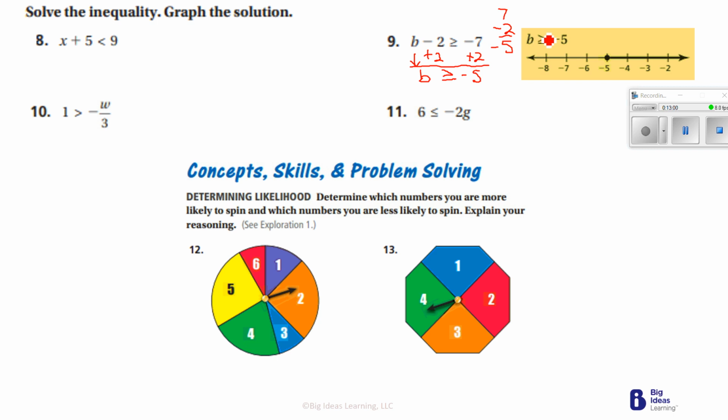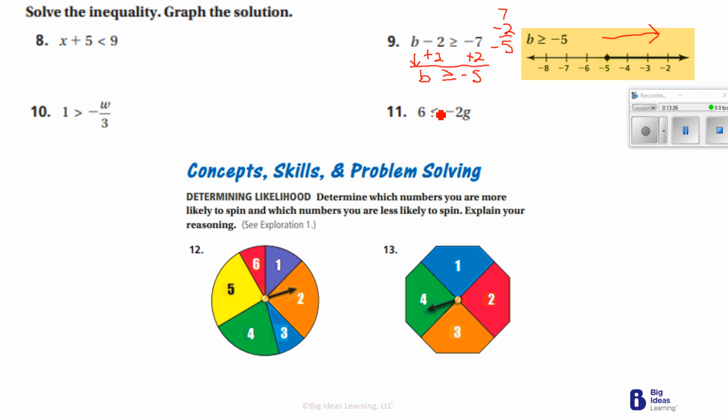That's how we have b is greater than or equal to -5. Now I have to remember, since b can be equal to it, I'm going to shade in my dot there. And then all the numbers that are bigger than -5, that means all the numbers to the right of my number line, right? So that's why this dark shade is pointed with the arrow in this direction. All right, let's try number 11.